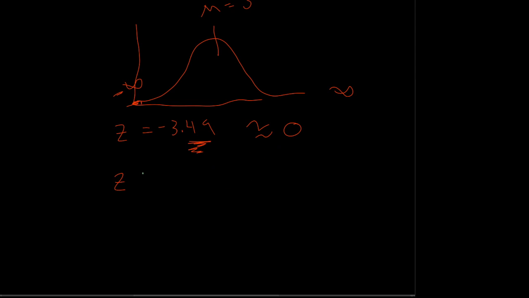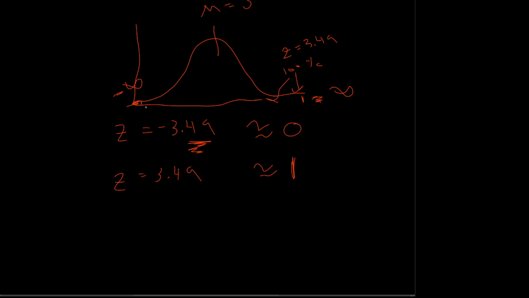On the other side, a z of 3.49 is close enough to 1. There's so little stuff after it that we say a z of 3.49 has 100% of the area underneath the curve. This is an approximation we have to take because these things are meant to deal with infinity.